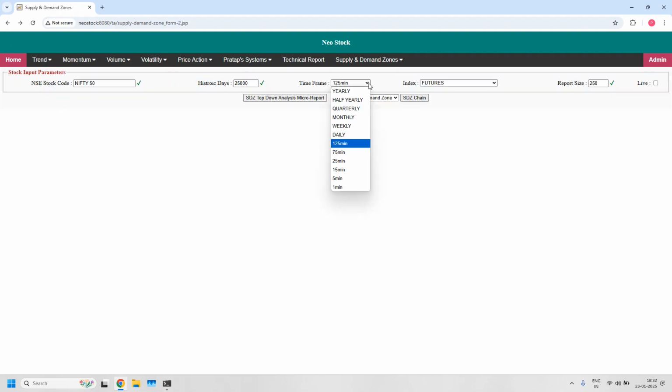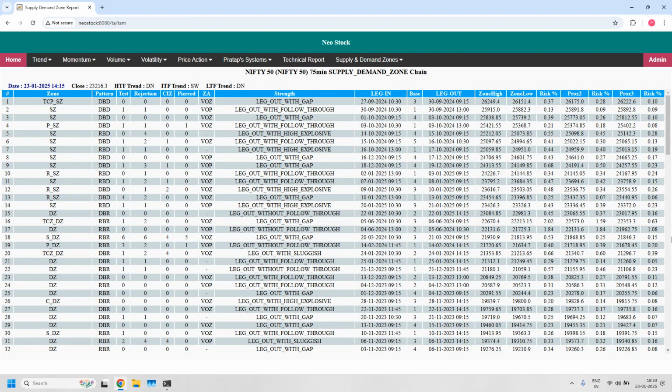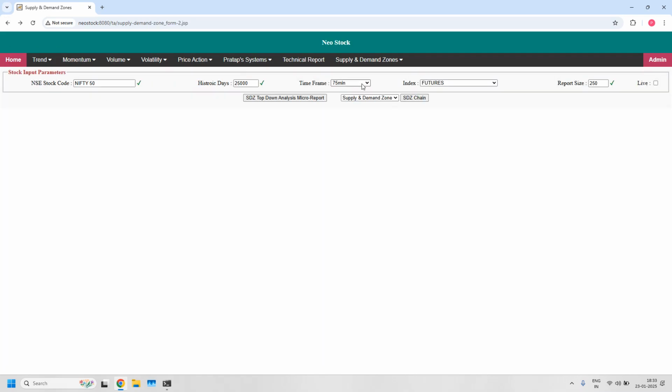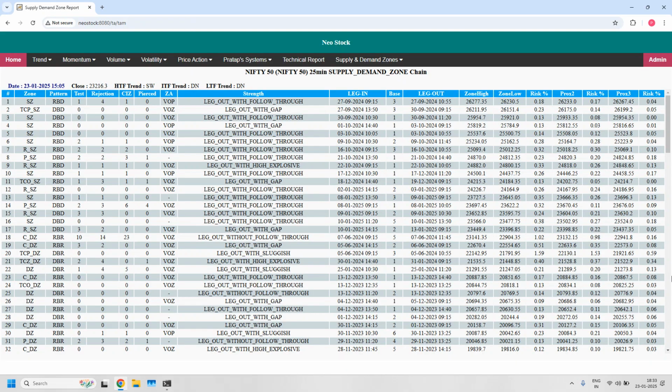Next, generating 75 minute supply demand zone chain for NIFTY. Next, generating 25 minutes supply demand zone chain for NIFTY. This is the recent demand zone to the current closing price.